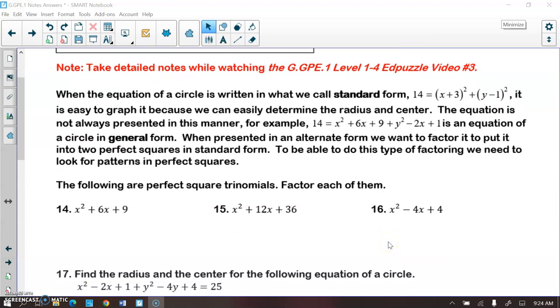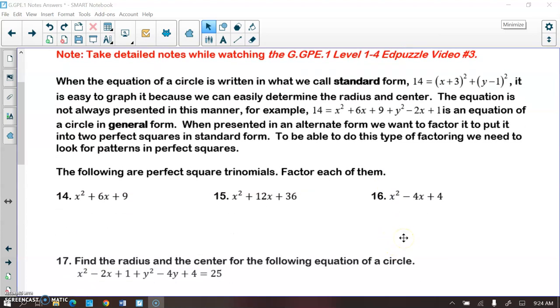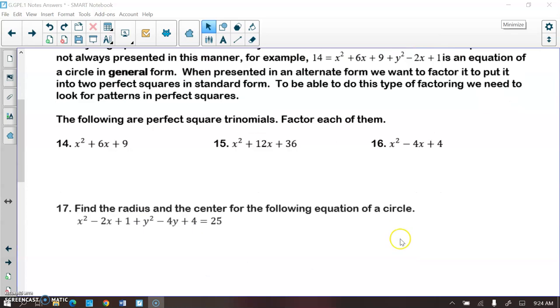So there's a couple of review things that we're going to need to do in order to be able to efficiently take a circle equation from general form and turn it into standard form. The first thing that we need to do is talk about perfect square trinomials.